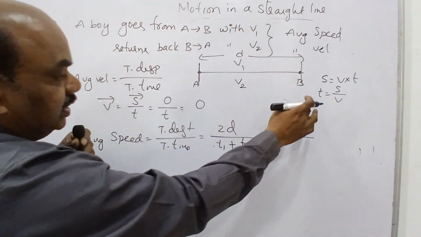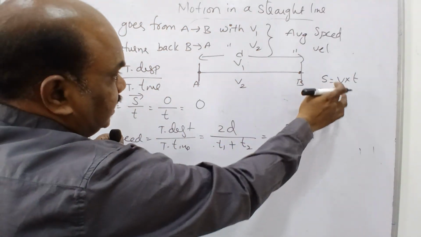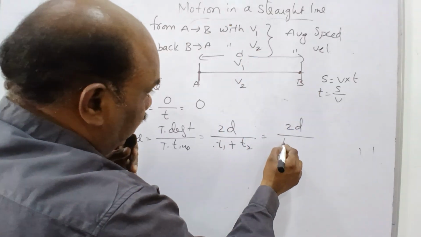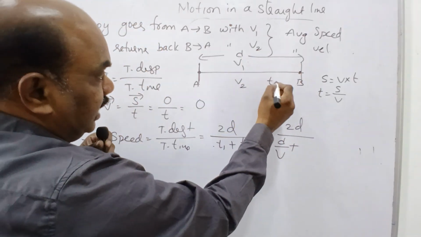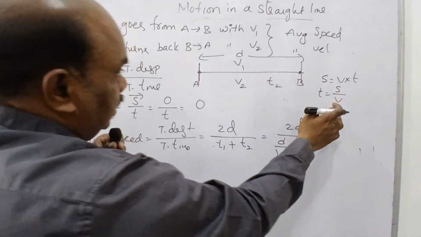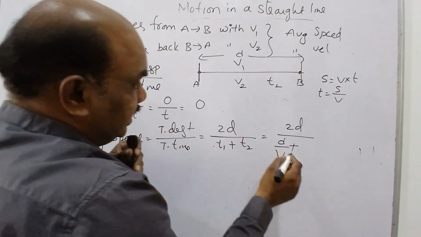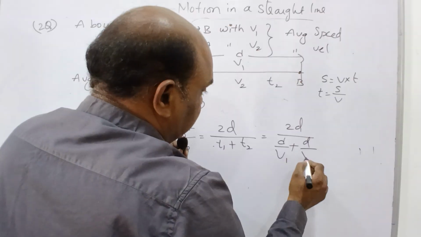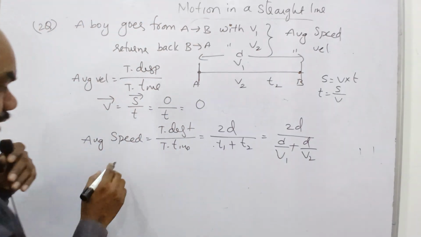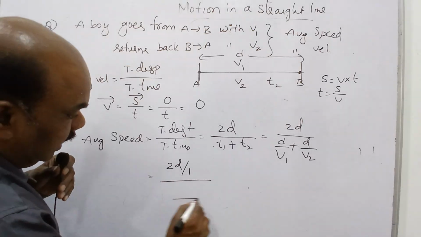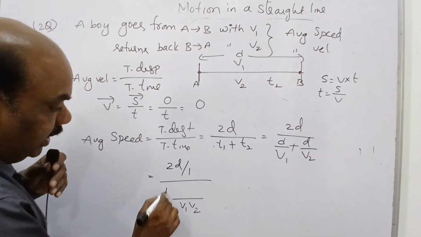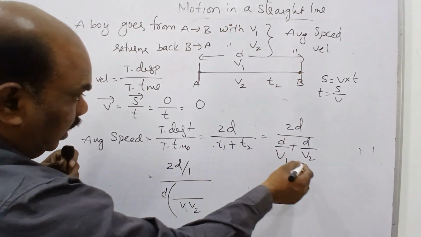While going, what is the time? t1 equals distance by speed, d by v1. Plus t2 for coming back, t2 equals distance by speed, the distance is the same, d by v2. Now you can simplify easily. 2d is nothing but 2d by 1. Here the LCM is v1 v2, take d common.